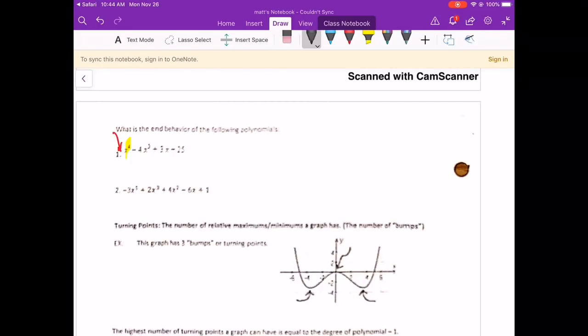The leading coefficient in this case is 1, and the degree of this polynomial is 4.